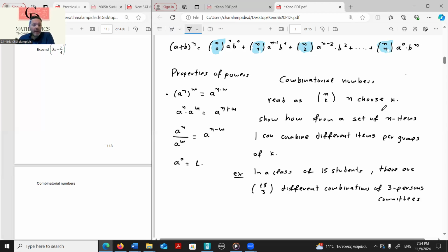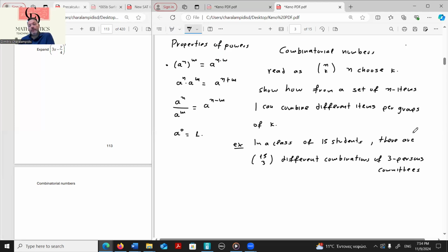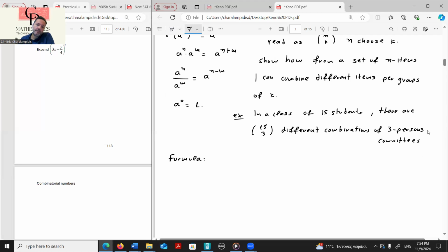What is the algebraic expression, however, for this combinatorial number? It has a formula as well. N choose k is given as the quotient of n factorial over k factorial times n minus k factorial. And this is weird because some of you might see this factorial for the very first time.